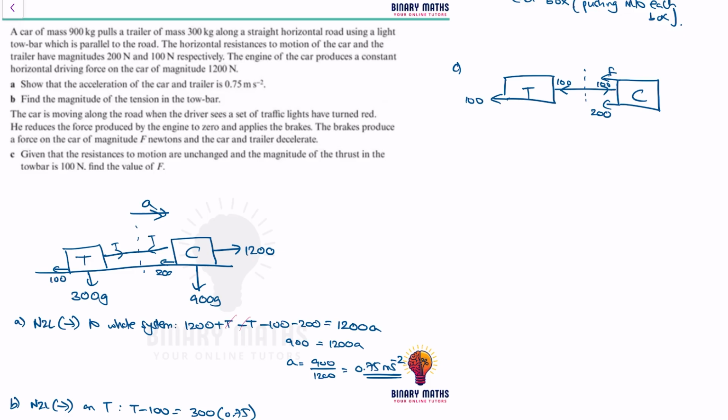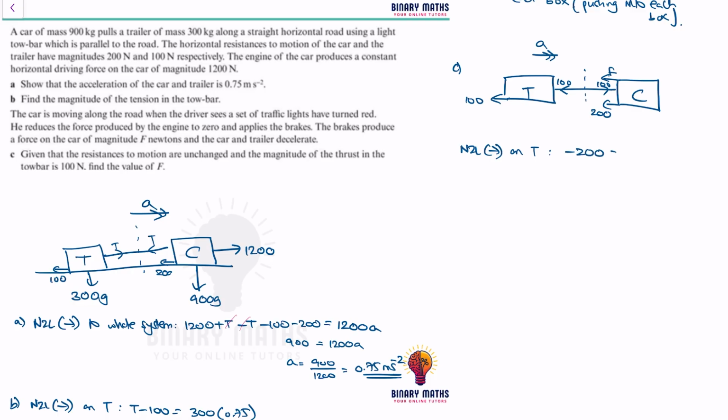So apply Newton's second law on the whole system. Or if you apply it only on the trailer, then you can find that acceleration. So we know it's still moving forwards, but obviously it's slowing down, so we're expecting A to be negative. So applying Newton's second law horizontally on the trailer, we get minus 100 minus 100, because it's both acting in the opposite direction.